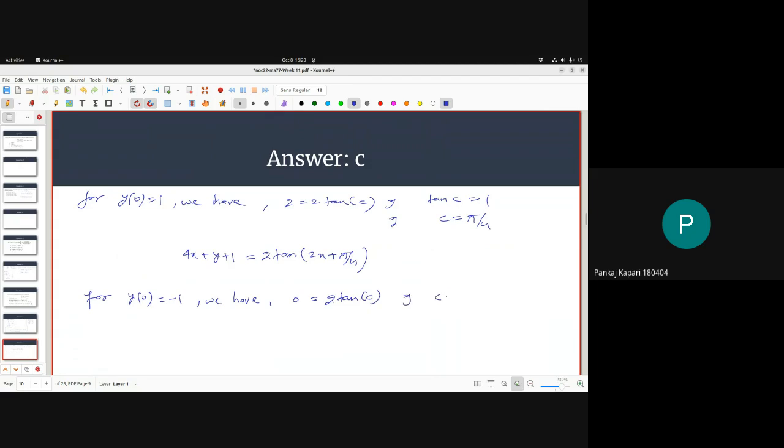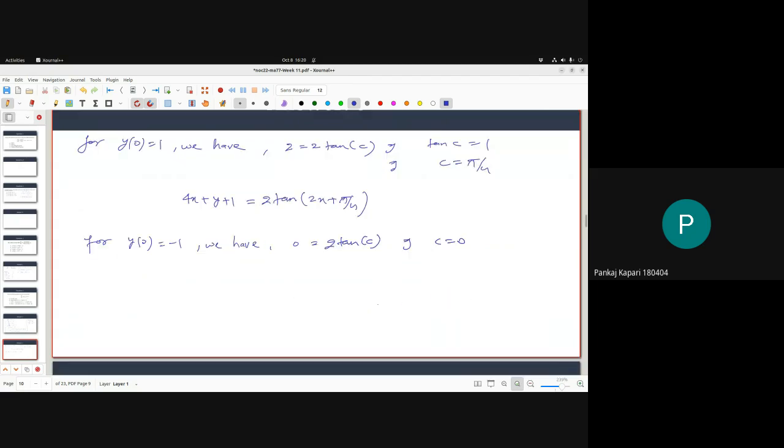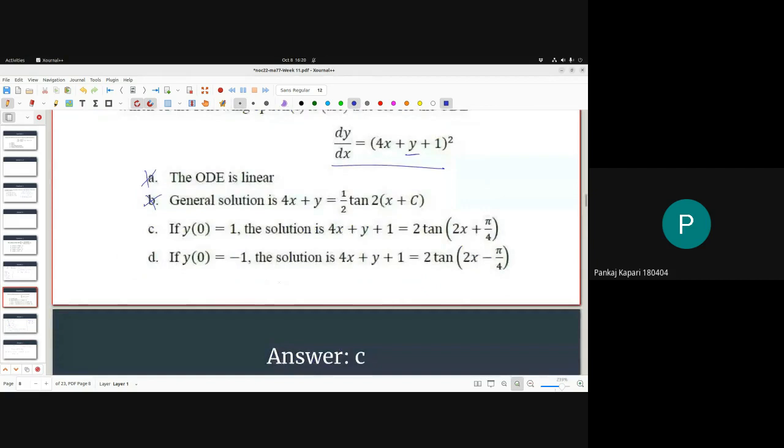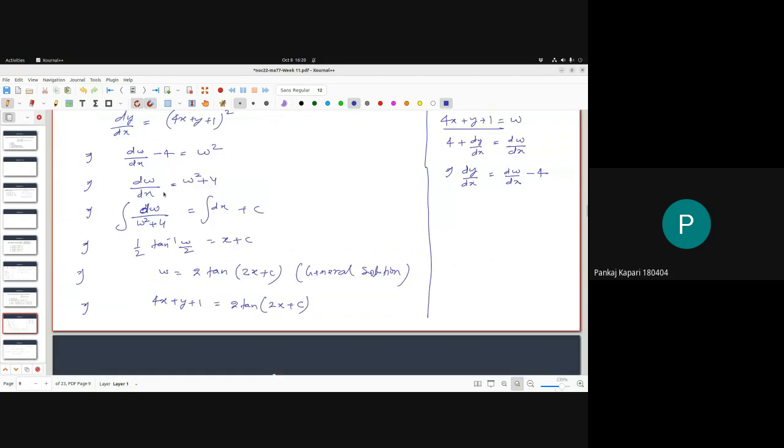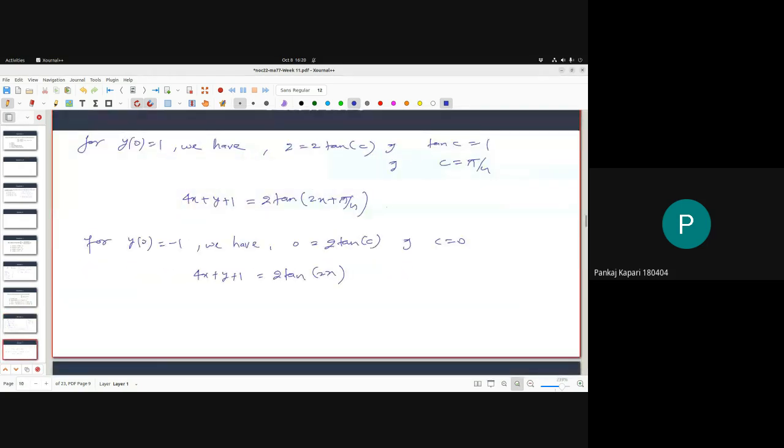So this will just imply that c is 0. So in this case the particular solution is 4x plus y plus 1 is equal to twice of tan of 2x. Okay, so here we can see that the last option is also incorrect and the correct option is c. Okay, so this is the correct solution.